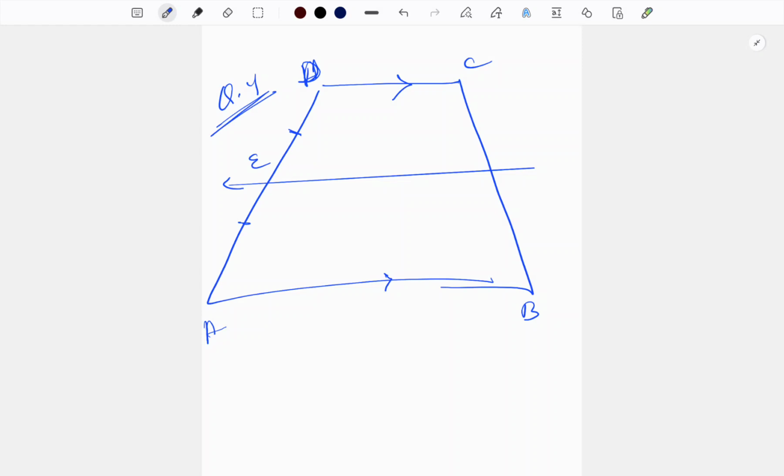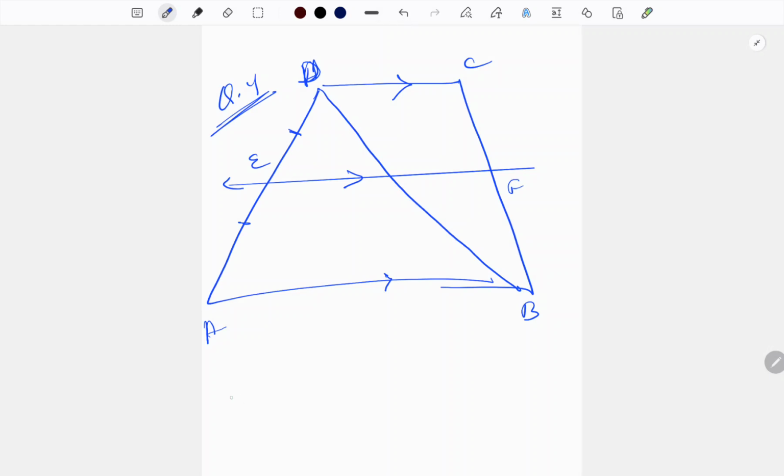BD is the diagonal and E is the midpoint of AD, and a line is drawn through E parallel to AB. Let that line meet BC at F. So this is parallel.